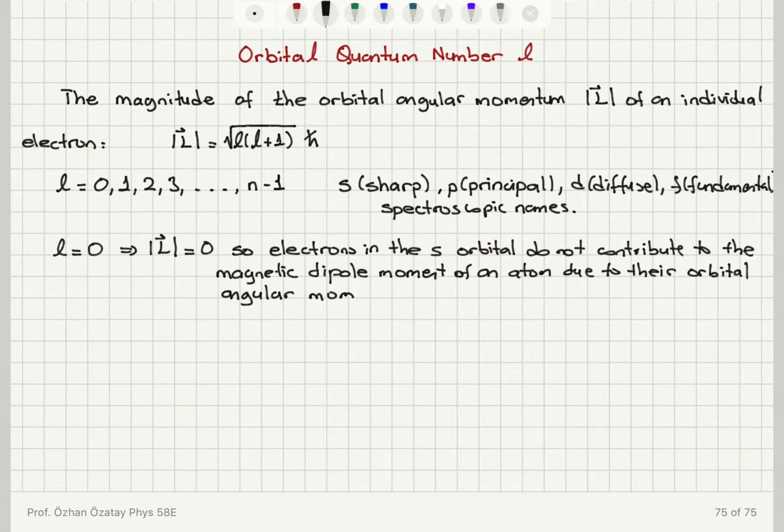So we have no contribution from the orbital angular momentum of electrons in the s orbital.